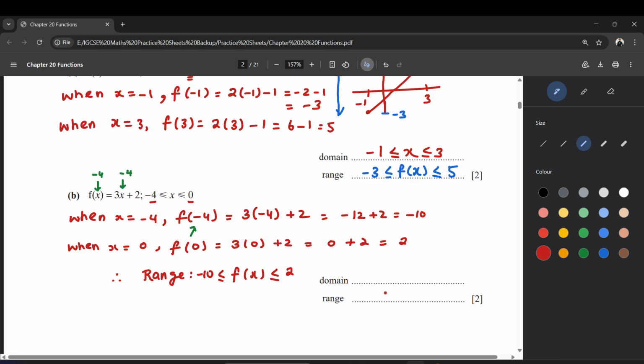All right. So the domain will be x is between minus 4 and 0 inclusive. And because these values are inclusive, therefore, in your range, these boundary values will also be inclusive.